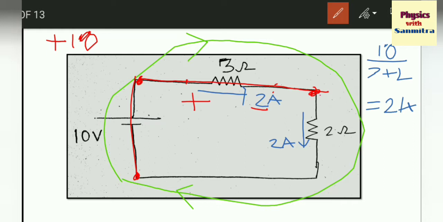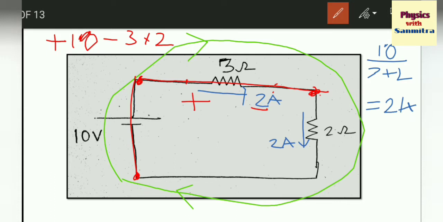You are moving from up the hill to down the hill. The river is flowing from a higher place to a lower place, and you are moving along the river, so definitely you will lose height. That is the exact analogy I will be giving you to understand this situation. So 10 minus 3 into 2.